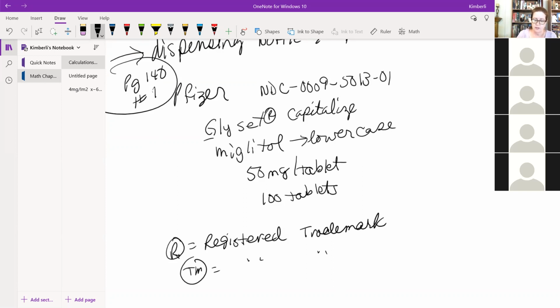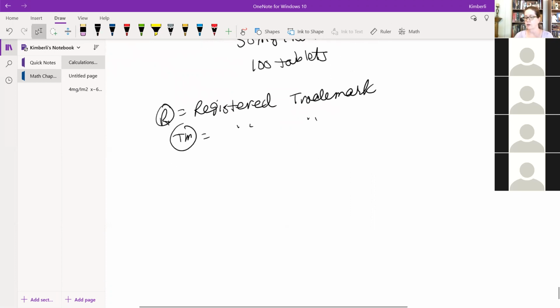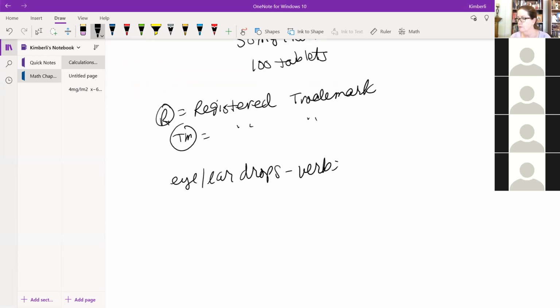And what does that SIG say? 1 drop each eye, 4 times a day for 5 days. Exactly. So what is the verb we're going to use for eye and ear drops? It's not put. What does it say on the board?